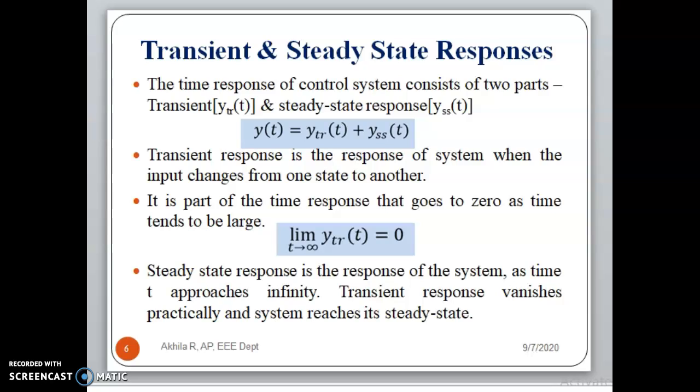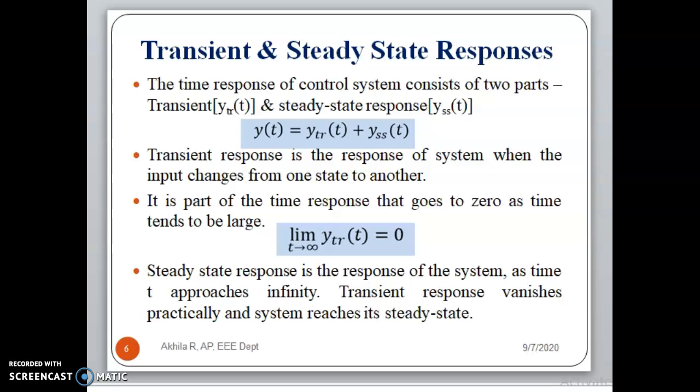Now, as I said in the first slide, you have both transient and steady state responses. Transient response is basically the response of the system when the input changes from one state to another. A small transition occurs, and it becomes a change. The response goes to zero as the time tends to be large.